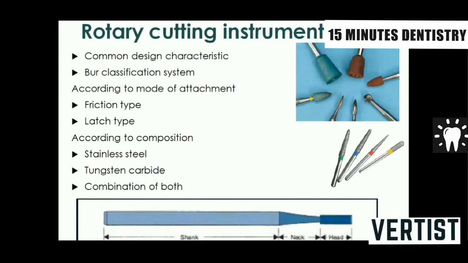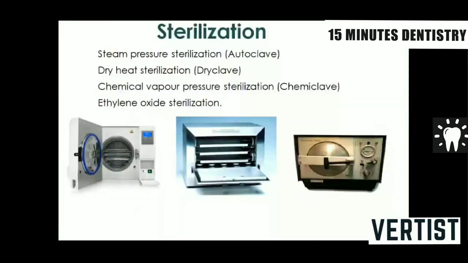Then it depends upon the length of the shank, whether long shank or short shank, and upon the shape of the burr, whether inverted cone, tapered, cylindrical, flat, or spear. You should also be able to describe the instrumentation.